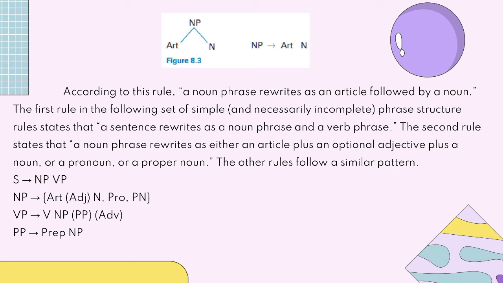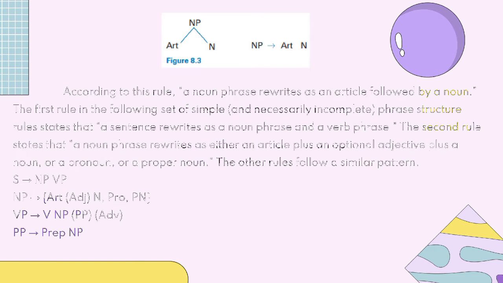The first rule in the following set of simple and necessarily incomplete phrase structure rules states that a sentence rewrites as a noun phrase and a verb phrase. The second rule states that a noun phrase rewrites as either an article plus an optional adjective plus a noun, or a pronoun, or a proper noun. The other rules follow a similar pattern.